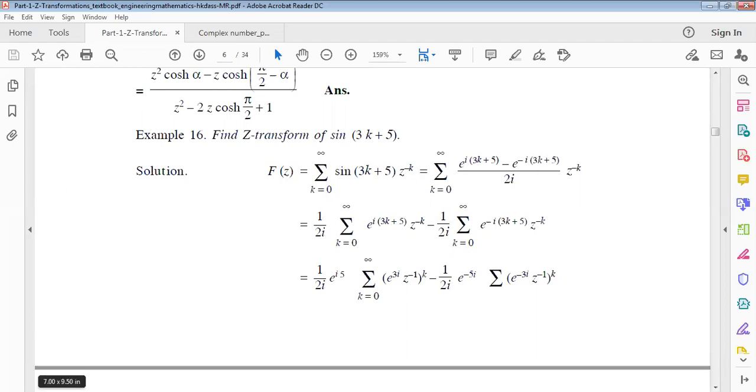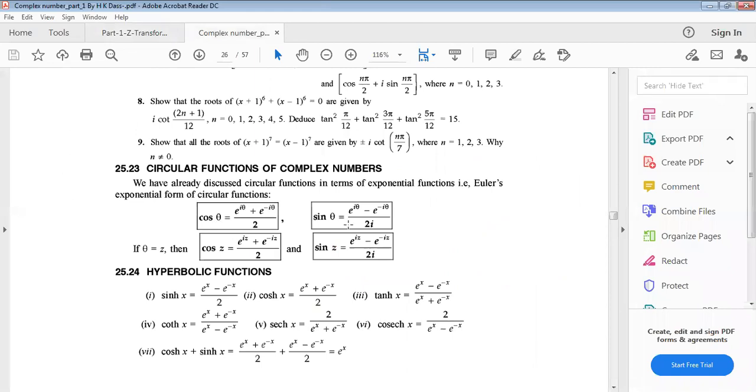Sin theta equals e to the power i theta minus e to the power minus i theta divided by twice i. This formula is used here, the relation between circular function and exponential function.